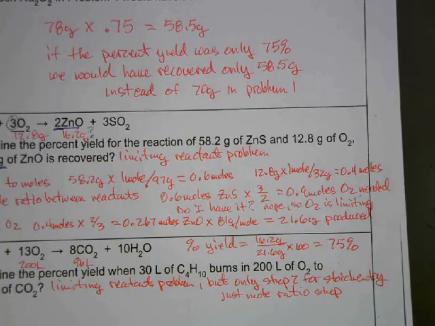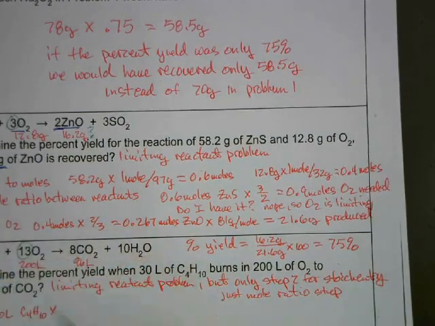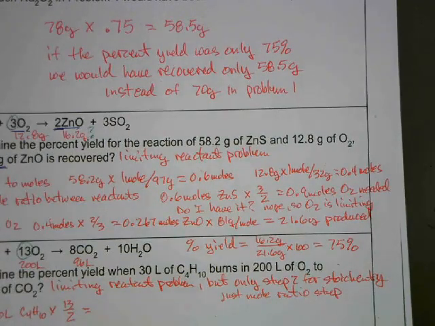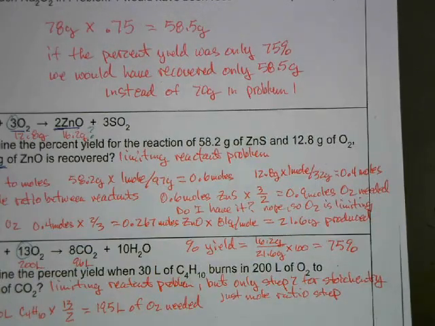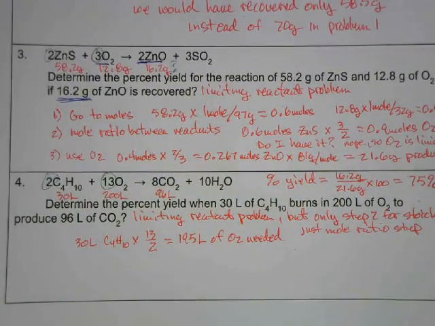I'm going to take my 30 liters of C4H10 times my mole ratio between the reactants, which is 13 over 2. So that's going to end up with 195 liters of O2 needed. If I use up all 30 liters of the C4H10, I need 195 liters.